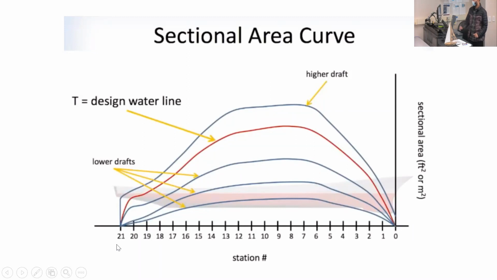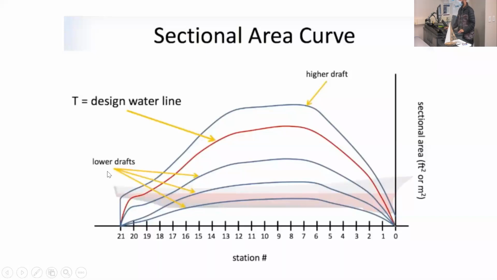And does it make sense why different water lines will give you different areas? Depending on how much you're submerged, your cross-sectional area will change. That's when you're riding high in the water, versus when you're submerged a lot. Higher draft and lower draft. Higher draft means more distance submerged.